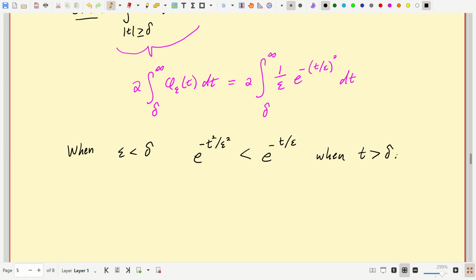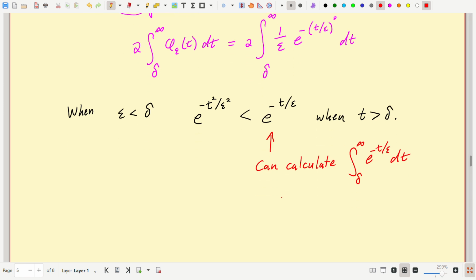And this thing is simple to integrate. So you can calculate directly the integral from delta to infinity of e to the minus t over epsilon dt, and see that it goes to 0.